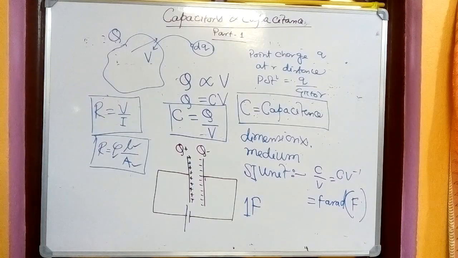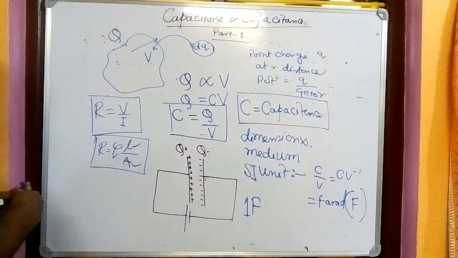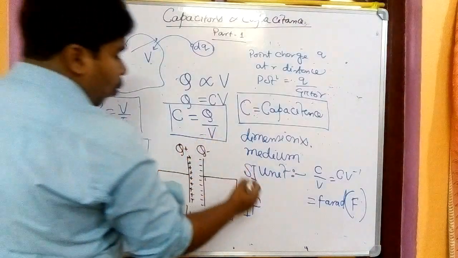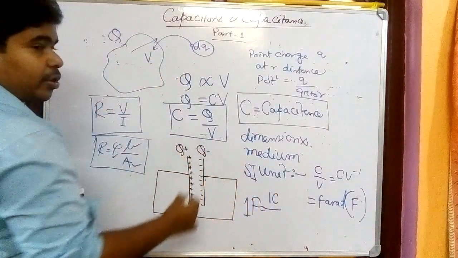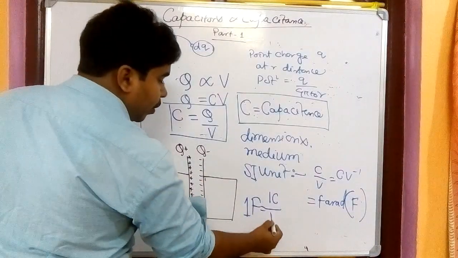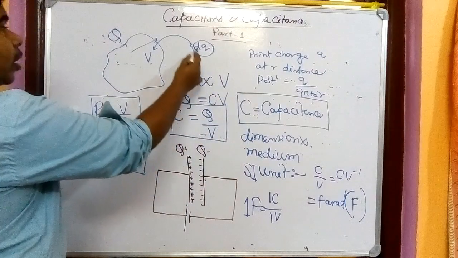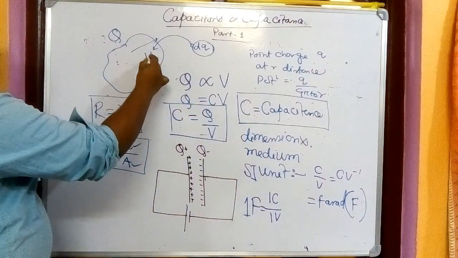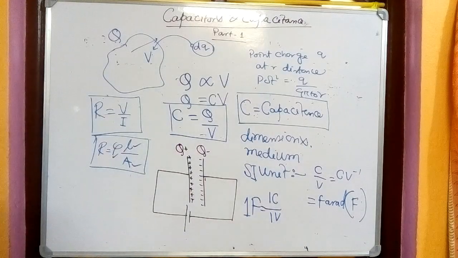Listen to me very carefully. 1 farad capacitance means if you give 1 coulomb charge to the conductor, its potential will be increased by 1 volt.